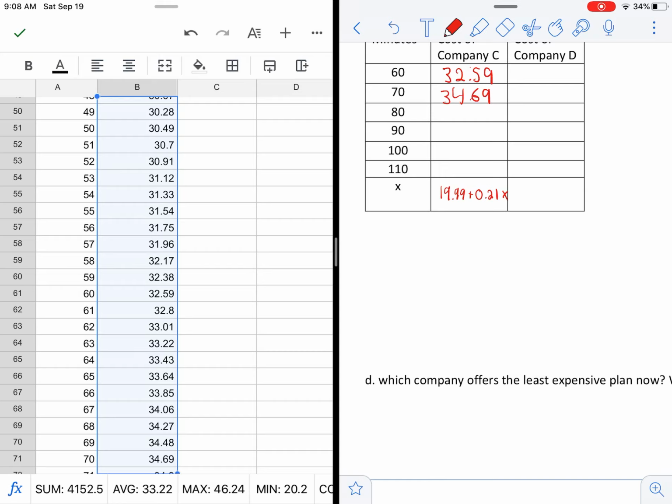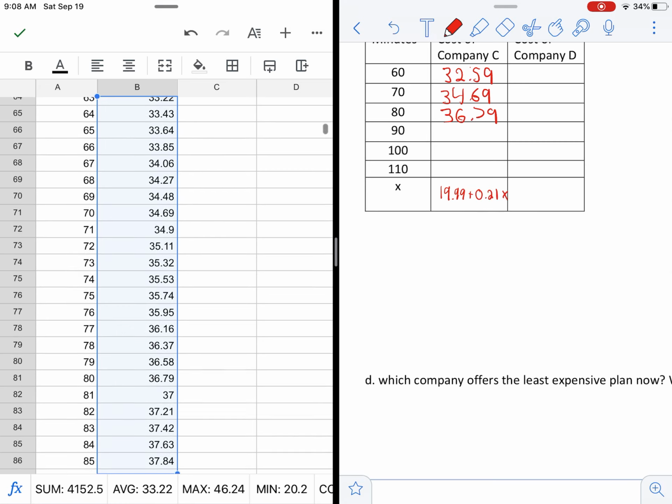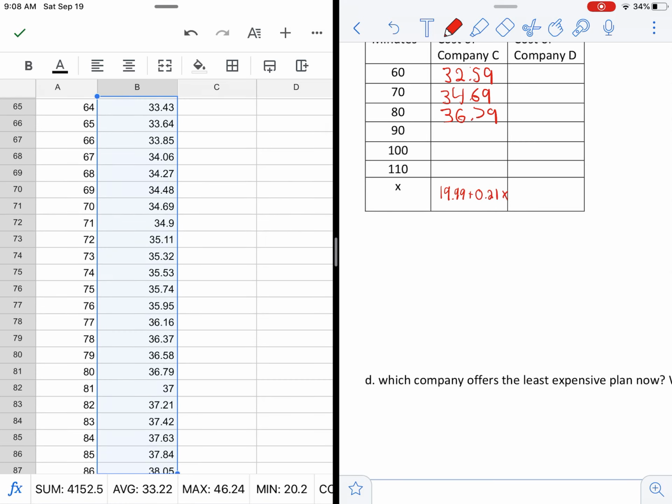And actually now I can see a pattern in my table, and since we're going up by the same amount in terms of minutes, I'll just repeat that pattern. I can see that we're going up by $2.10. So I don't even need to scroll anymore, but just out of curiosity, let's make sure 80 was 36.79.